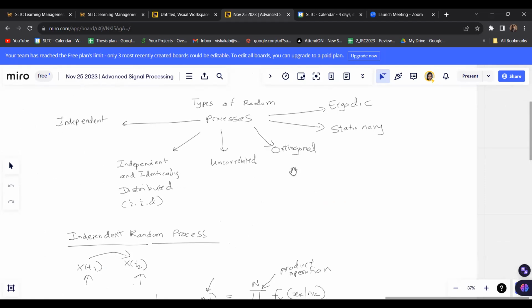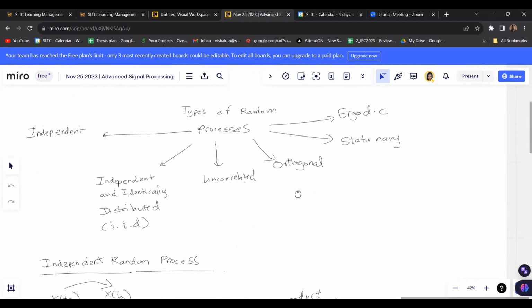We discussed different types of random processes in the last half of the last class. There are independent random processes, where the random variables in the random process are independent of each other.